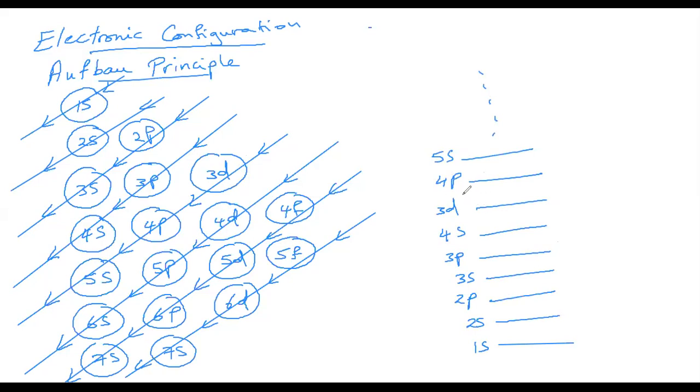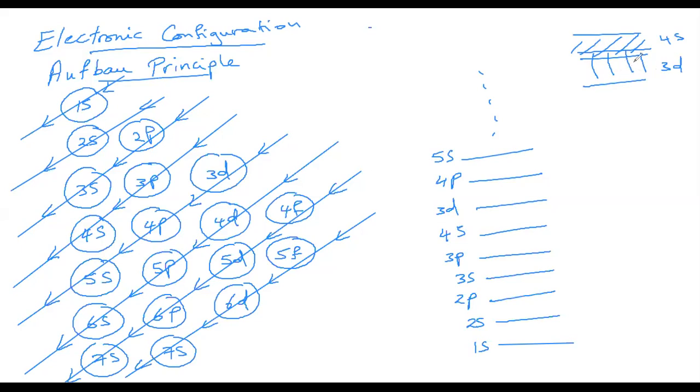But if you fill 4s before 3d, doesn't that mean one of the inner shells isn't complete? Yes, of course, this is not in your course, but the 4s and the 3d are overlapping together. If this is the 3d subshell and this is the 4s subshell, you see that there is a part that is overlapping between them.